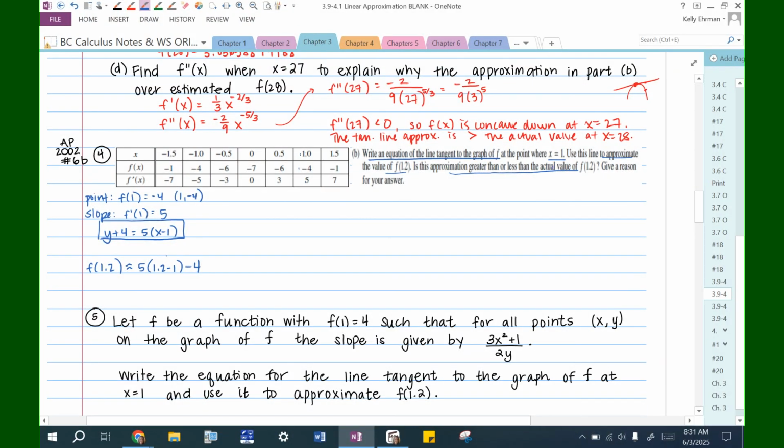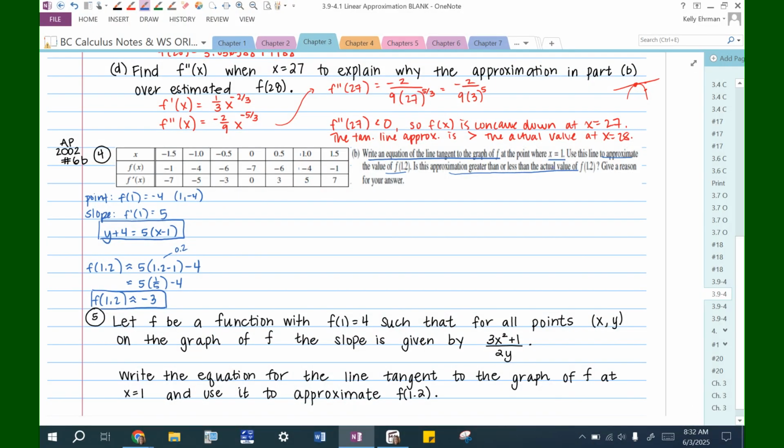This is just 0.2. And 0.2 is just 1/5. So 5 times 1/5 minus 4. 1 minus 4, negative 3. So f of 1.2 is approximately equal to negative 3. That's our linear approximation. Is this approximation greater than or less than the actual value at 1.2?